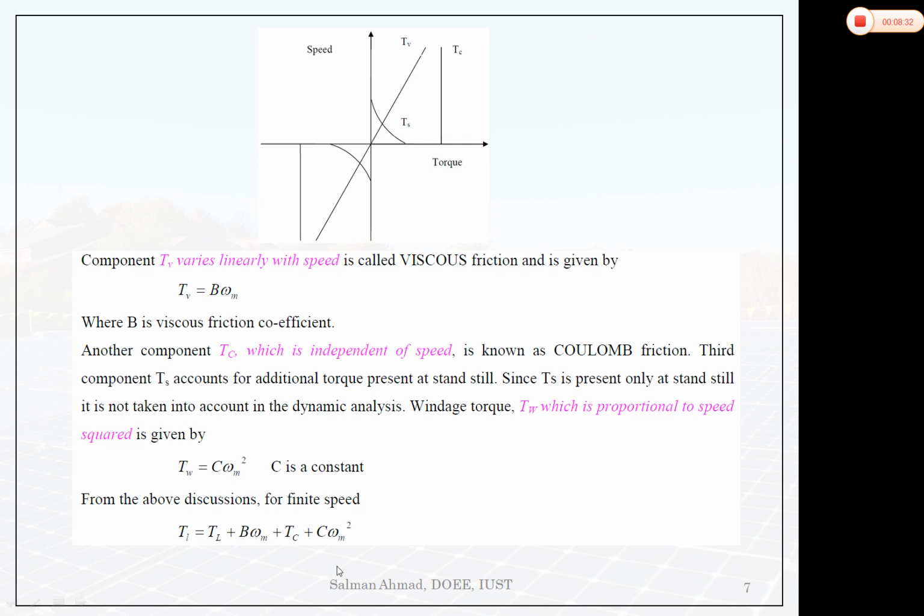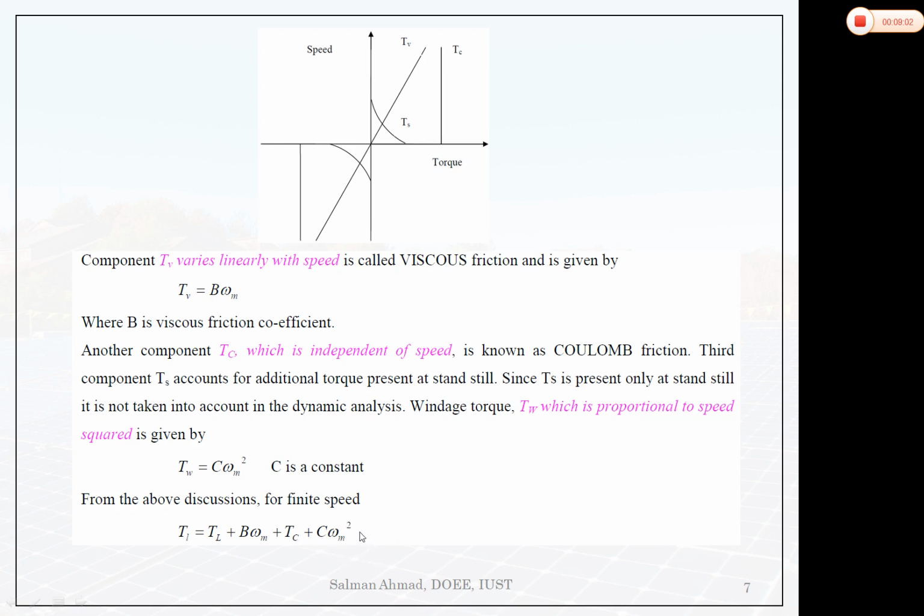So the load torque, you can see here, is again represented with these four components rather. We have the useful load torque, that is used for doing some useful work. Then this is viscous friction. Then this is Coulomb friction, which is constant, and this is due to windage.